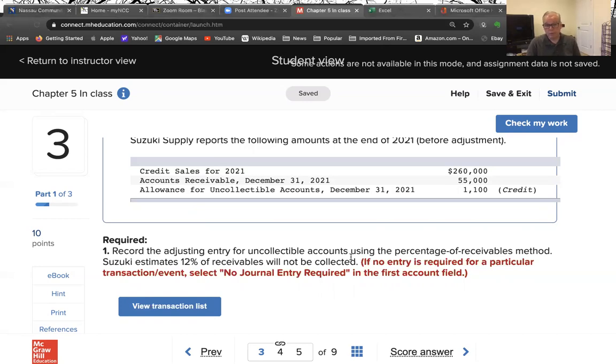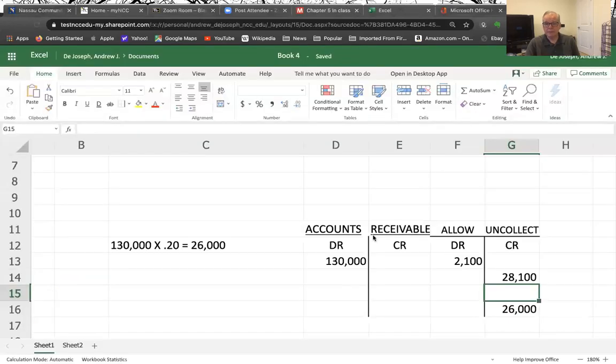For that, we're going to need to know that 260, but for now, we don't need to. So accounts receivable, 55,000. Allowance for uncollectible accounts, 1,100.